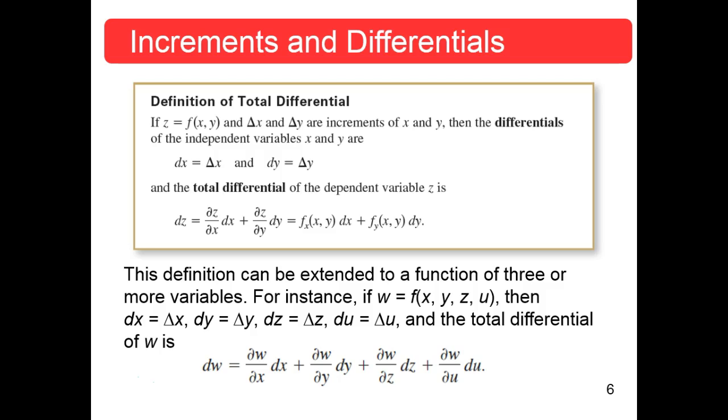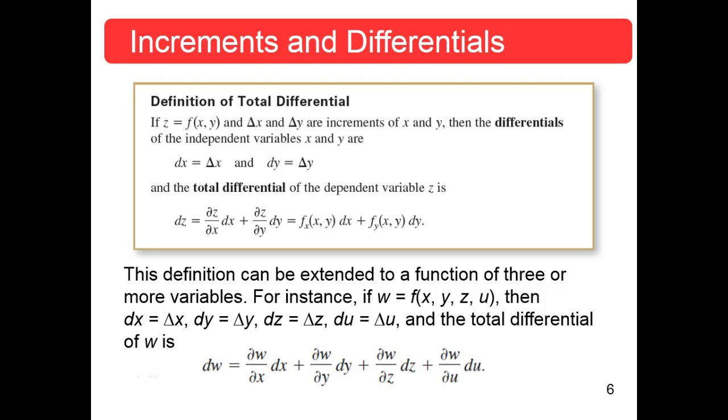Okay? Now, the other way of looking at this is the change of z with respect to x, the change of z with respect to y, that's our total change of z. Or the change of f with respect to x times dx, plus the change of f with respect to y, so that together is the total change of f.